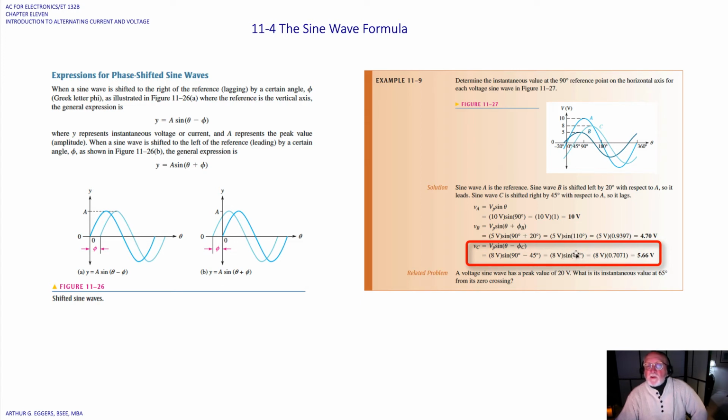The sine of 45 degrees is always 0.707. This one is going to become very important in your studies, so make sure you recognize that one, sine 45 is 0.707. So it's telling us that basically 70% of 8 volts gives us 5.66 volts. That's how we deal with phase shifts and sine waves in calculating the amplitude.